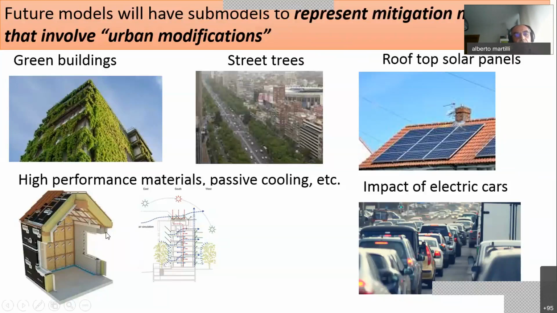We know quite well how these materials behave in the lab, but we still have to work to understand how these materials will impact the urban boundary layer at a bigger scale. And also new modifications, like the impact of electric cars that will modify the air quality, but also the heat emitted by the cars. So we need models that are able to implement this.